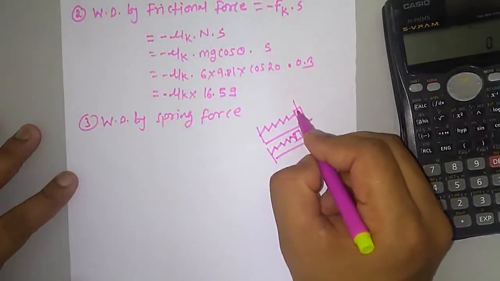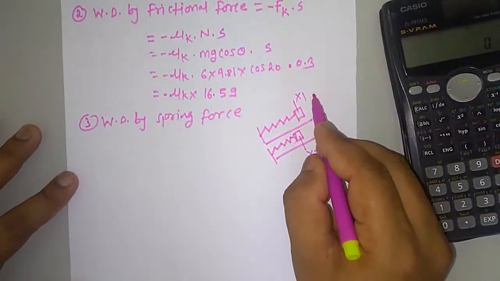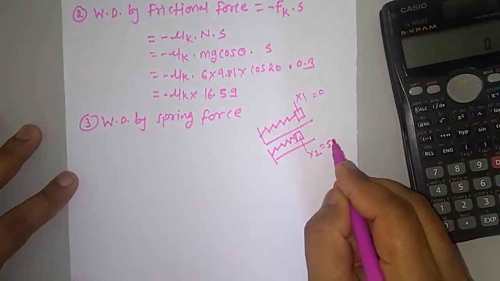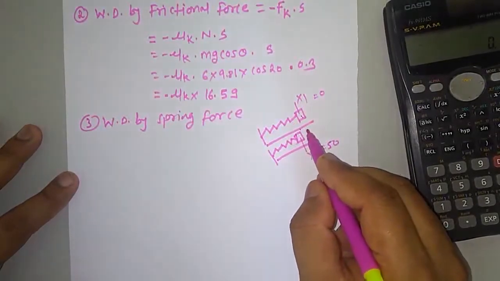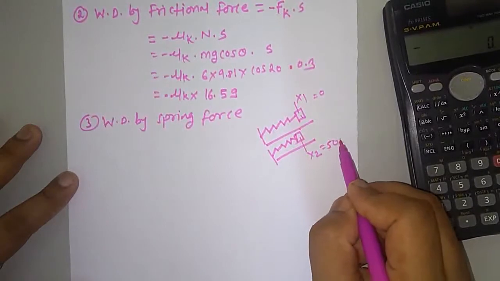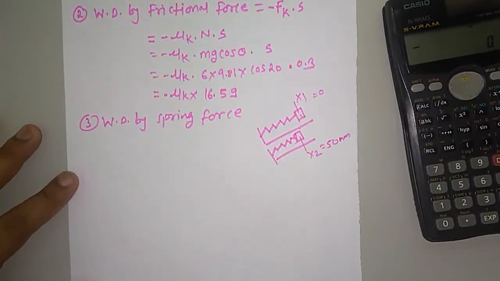Consider this is the x1 position and this is x2. So x1 is the initial position 0. So what is the maximum compression here? It is 50. After the block collides with this spring, the block compresses this spring, that is 50 mm is the maximum deflection, right?